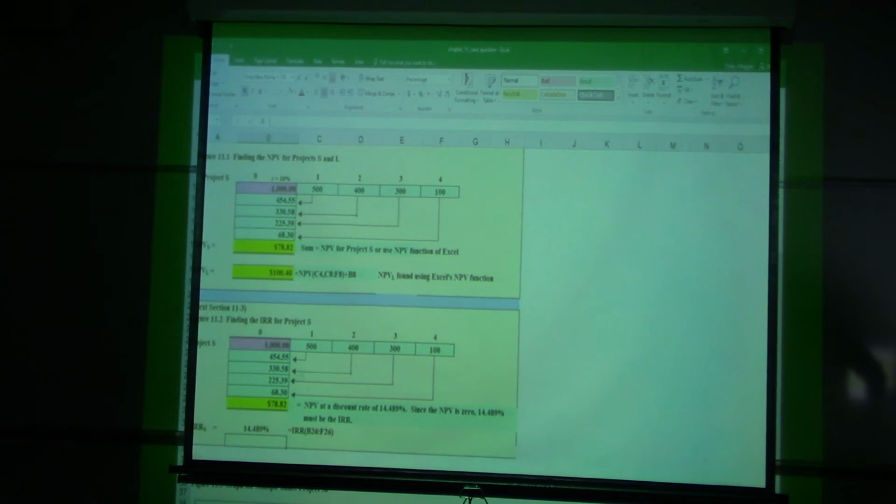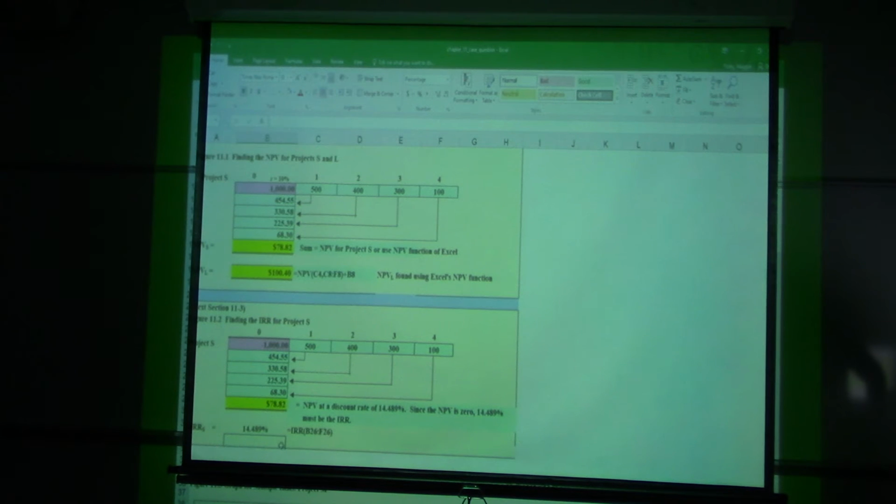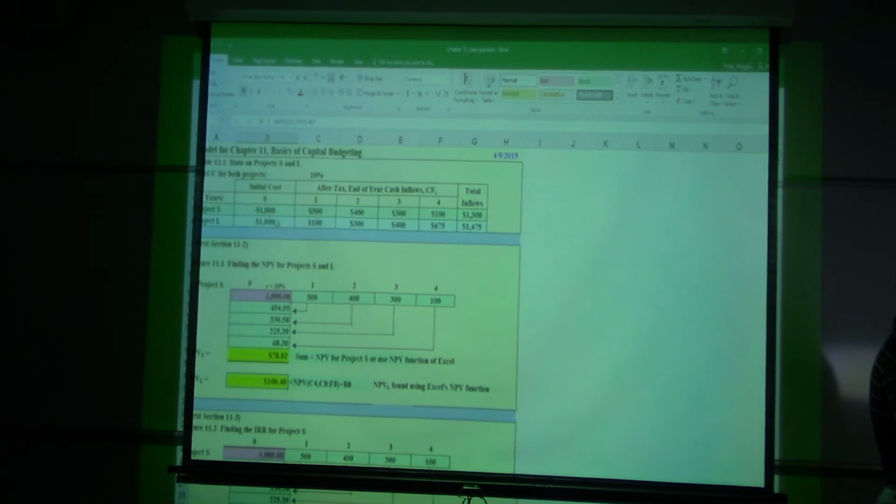This is Project S. It's just doing two different ways, I think, to try and find... But one's finding the net present value and one's finding the IRR. Both of these are the net present value. This is the IRR. Gotcha. This is the net present value of a different project, which is this project right here. Okay.